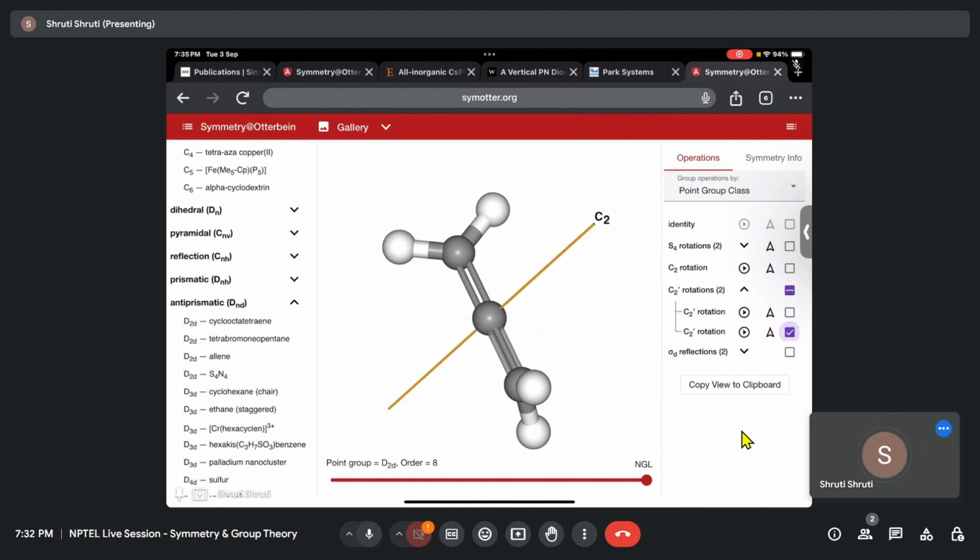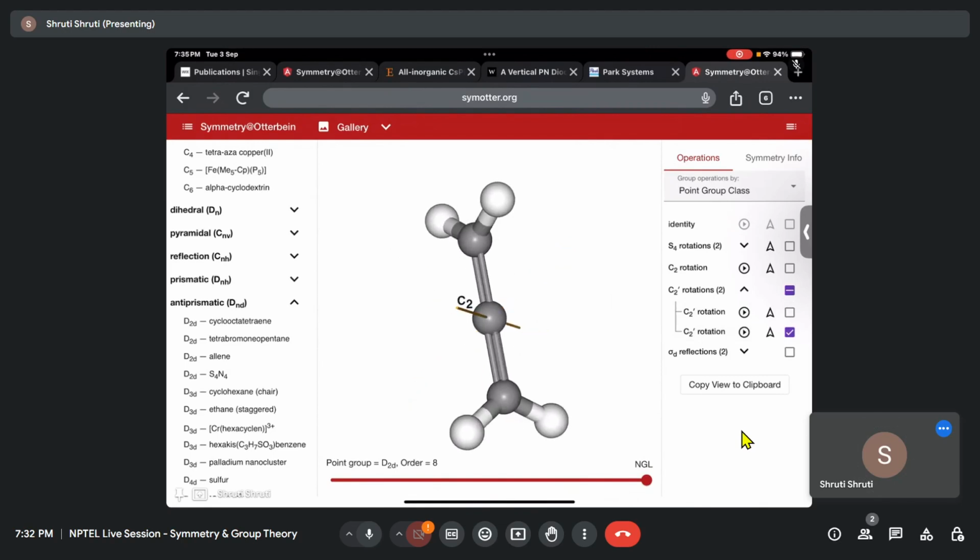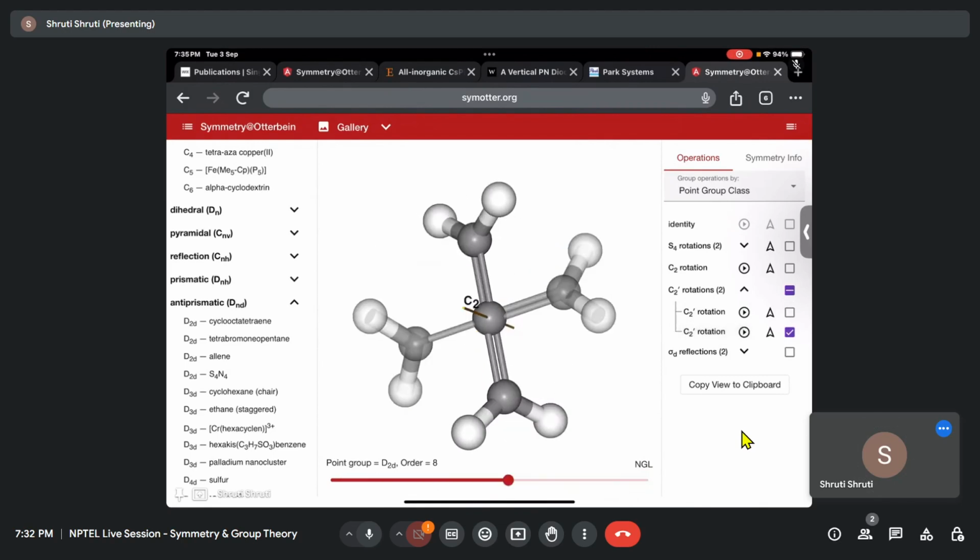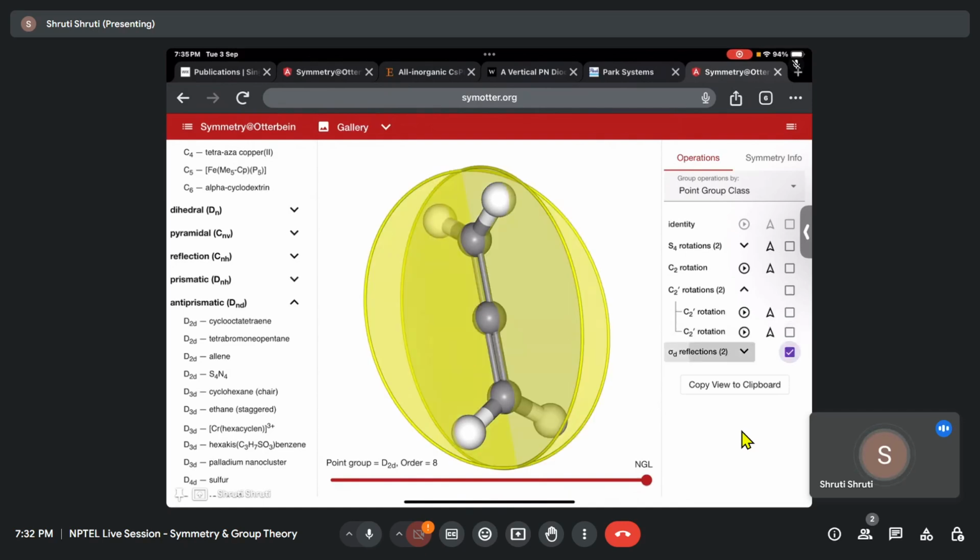Similarly, one more. Then we will have sigma planes.